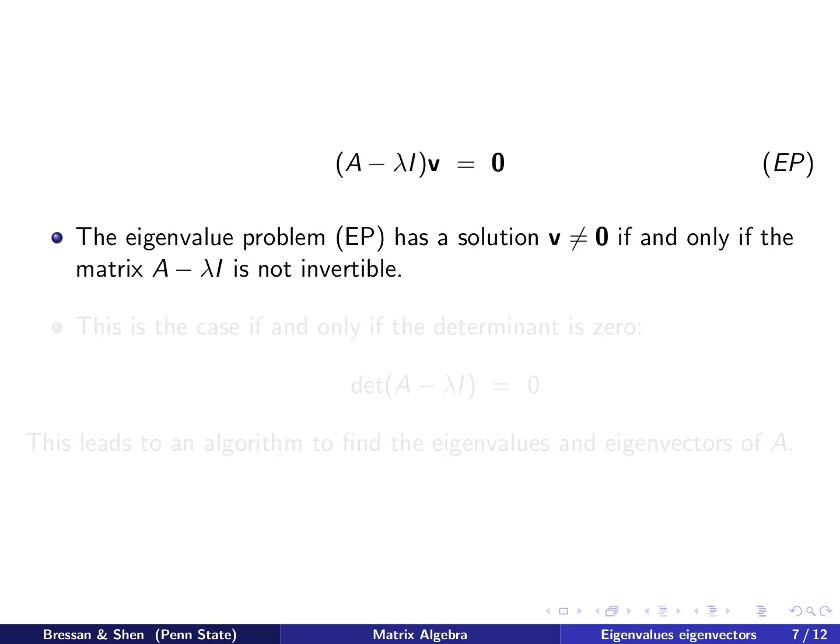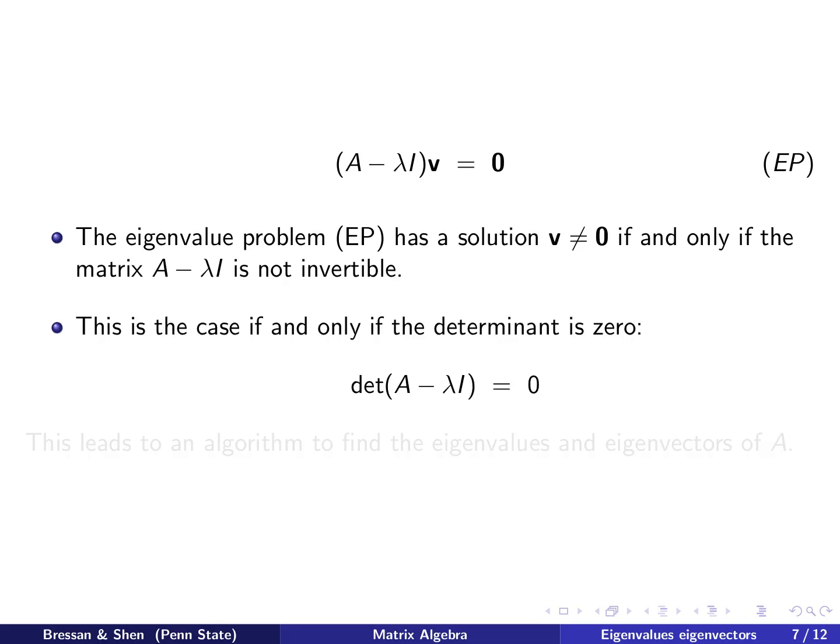So in what situation can this equation admit a non-zero solution v for some choices of λ? We call this the eigenvalue problem, EP. For the eigenvalue problem to have a non-zero solution, it is only possible when this matrix here is not invertible.